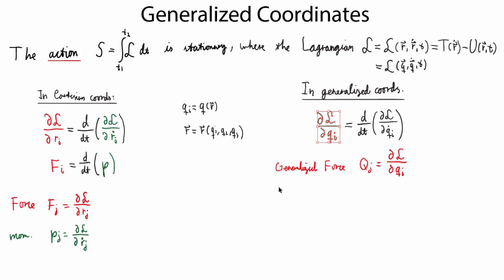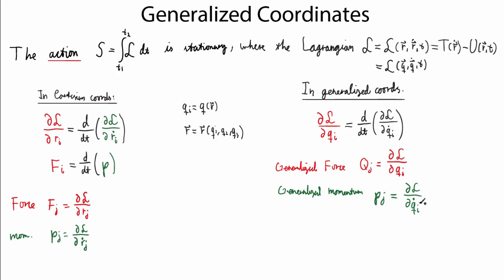And similarly, we have a generalized momentum, which is the derivative of the Lagrangian with respect to the time derivative of the generalized coordinates, the ∂L/∂q̇.